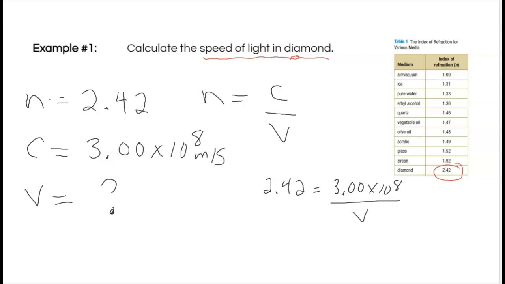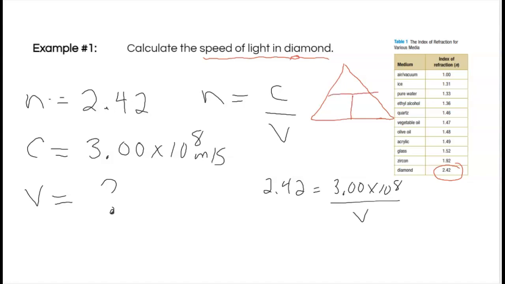Okay, and so I'm just going to manipulate this equation by cross-multiplying and then solving. But I'm also going to help you with this a little bit because we are doing virtual learning. And so I'm going to set you up with a nice little triangle, the math triangle that helps you solve things.